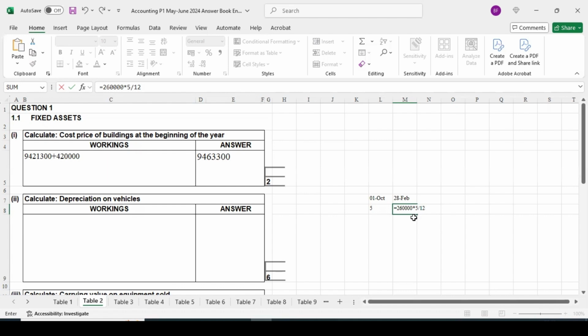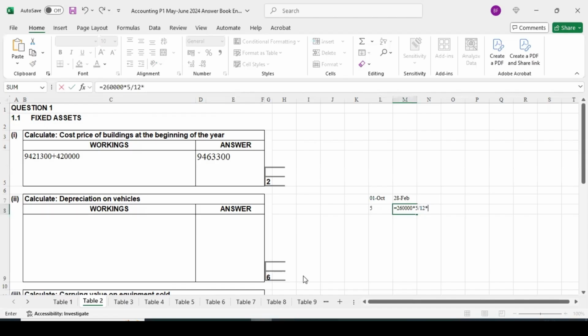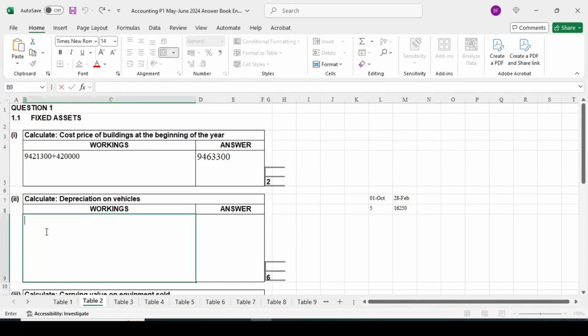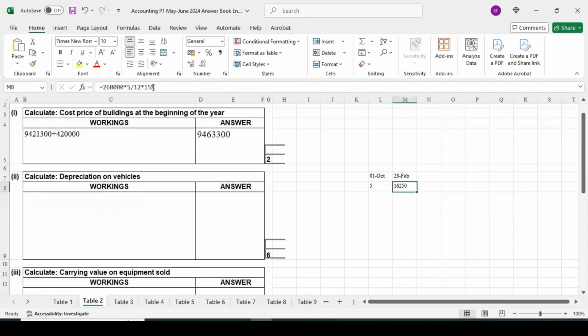And then we're going to say times the percentage per annum, which is the 15%. So you're going to say times 15%, which is going to give us 16,250. So on our answer sheet, we're going to write the amount. Going to copy this.